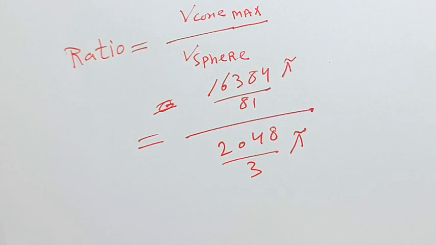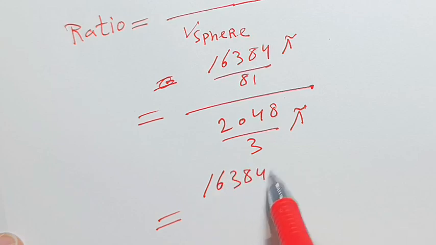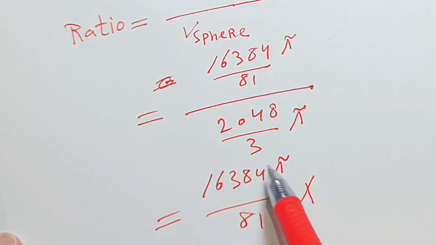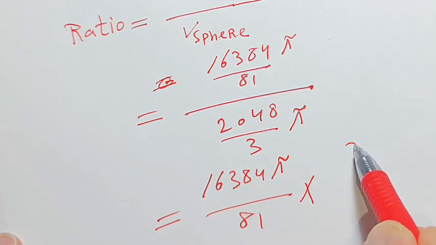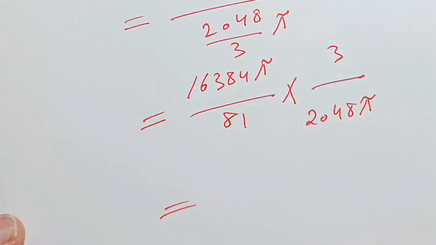Now I need to simplify here. 16,384 pi over 81 multiplied by, this becomes, 3 over 2048 pi, equal to, now I need to simplify, using the calculator.